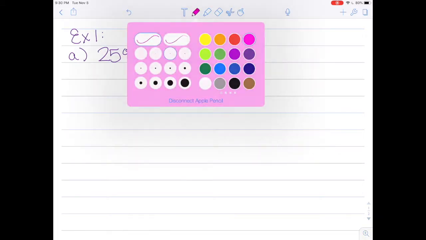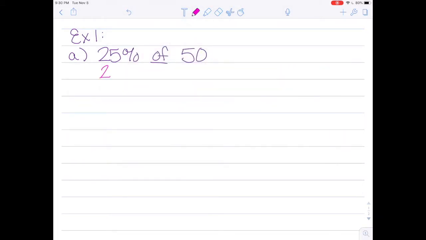So, if we look at example 1 from your book, part A says, what number is 25% of 50? Well, in math, what does the word of mean? Multiply. So, what this is actually saying is we want 25% times 50.